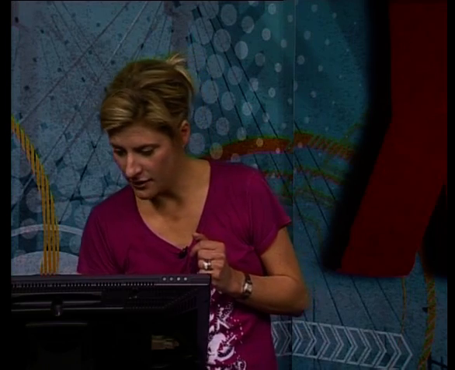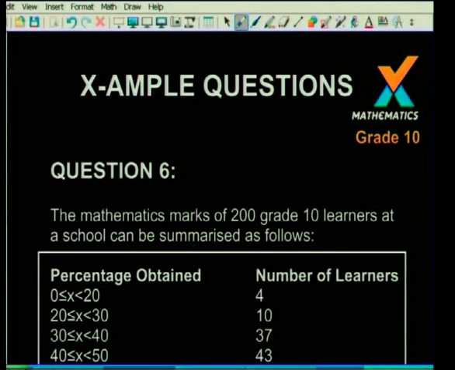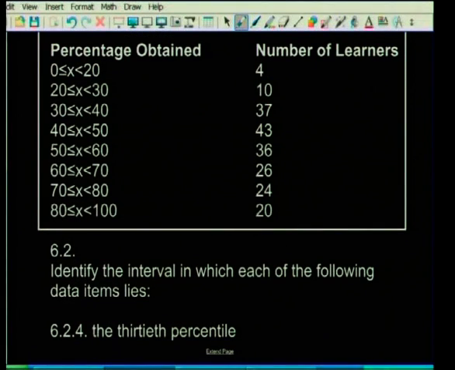So it means that the 150th learner, rank-wise, will lie there. Right, so it is quite possible to determine in which class Q1, Q2, Q3, and so on lie.